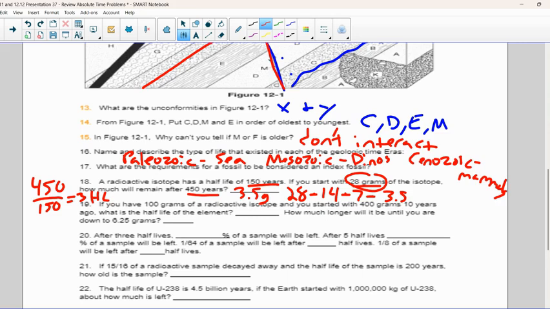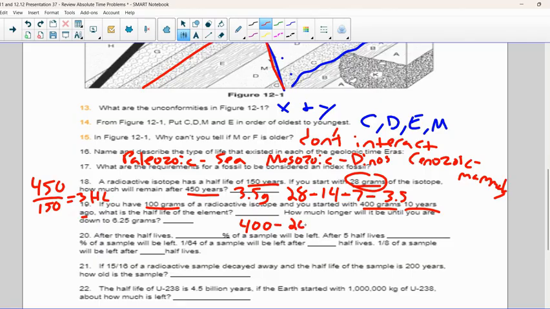Okay. For number 19, if you have 100 grams of radioactive isotope and you started with 400 grams 10 years ago, underline that. What is the half-life of the element? So I first need to figure out how many half-lives. It started with 400 grams.